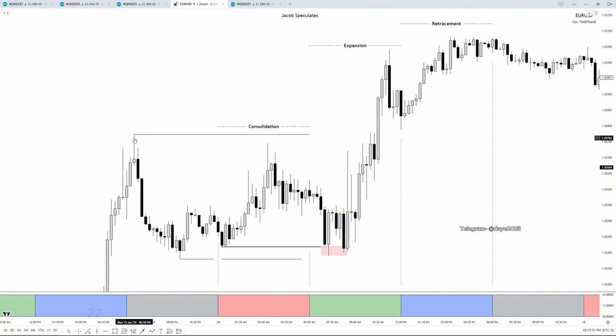So we have buy side liquidity resting right here at Q2's high, and sell side liquidity resting here at Q2's low. So price went in, took Q2's low, expanded, retracement, and then expansion higher once again.